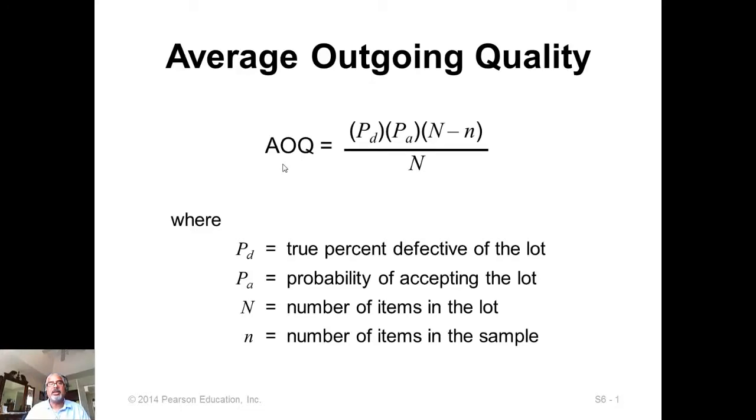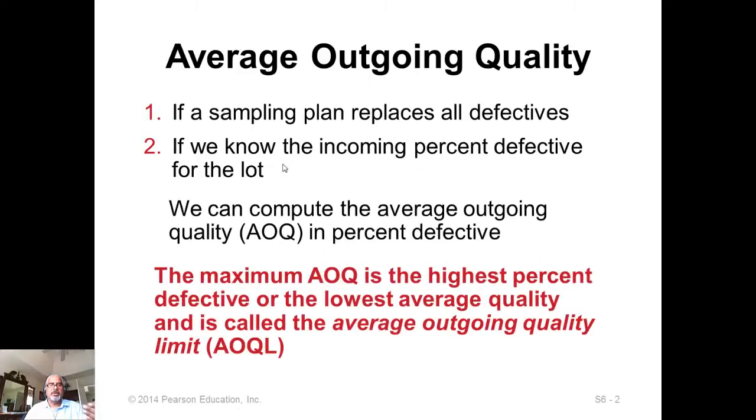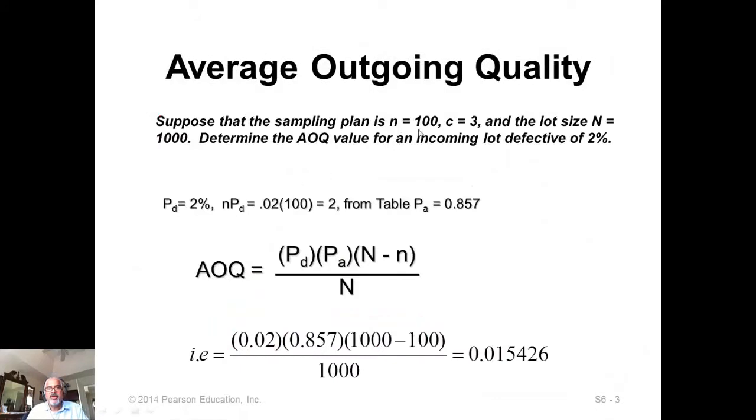Okay, let's look at an example. Here is the condition under which we're going to look at AOQ, and we will look at that maximum AOQ in just a second, which is called AOQL. Here we have a sampling plan. The lot size is 1000. Determine the AOQ value for an incoming lot defective of 2%.